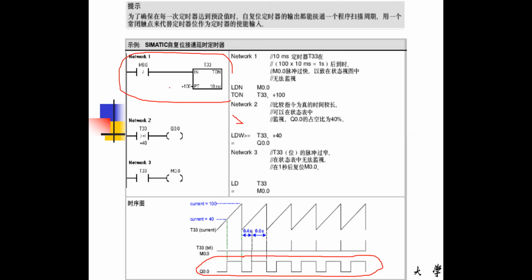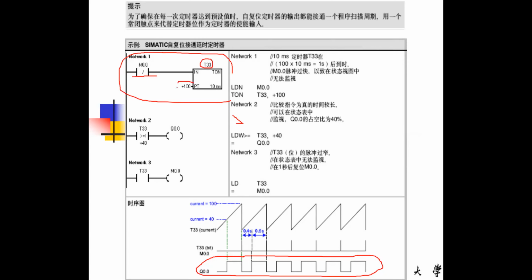In this example, we can see this is a node, M0.0. When this one is 0, this node is conducting, so the timer starts.